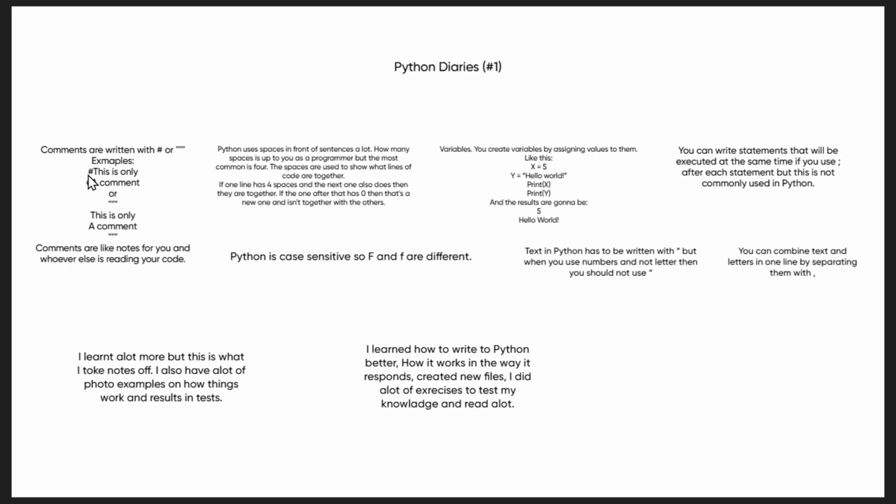Let's start over here. Comments are written with the hashtag symbol or with these symbols right here. So for example, hashtag this is only a comment, or with this symbol, I don't know what it's called, to be honest, this is only a comment.